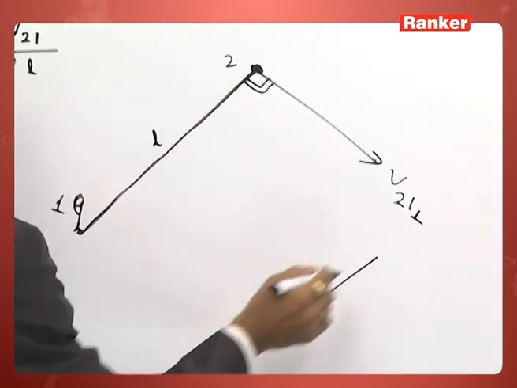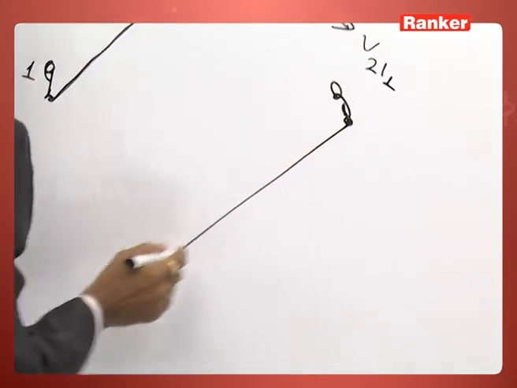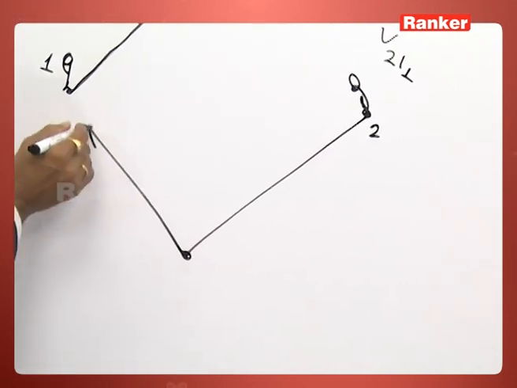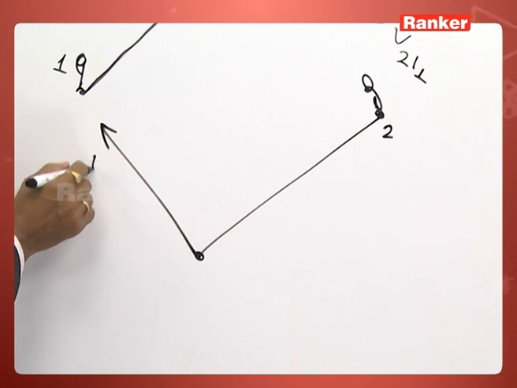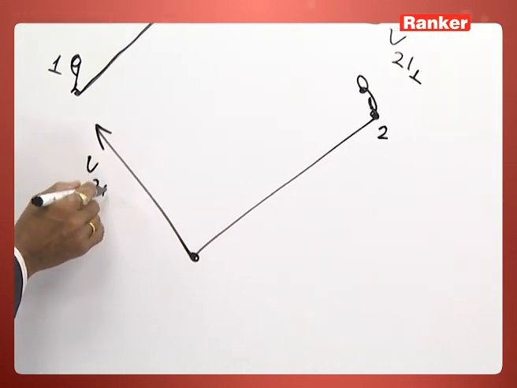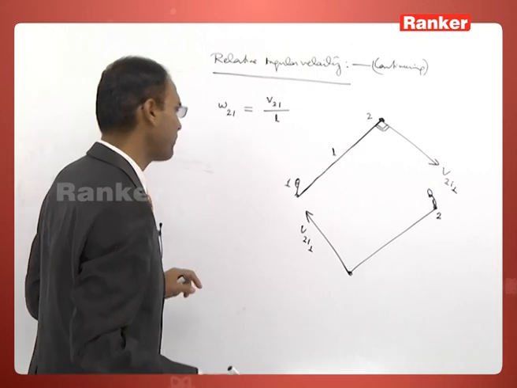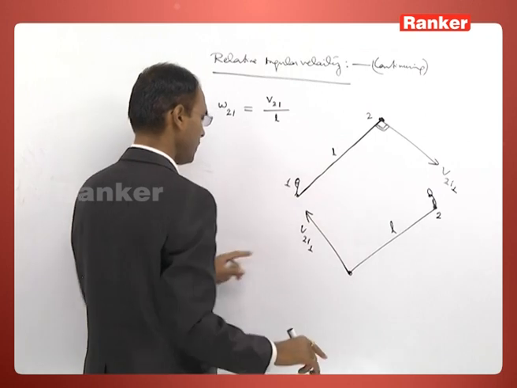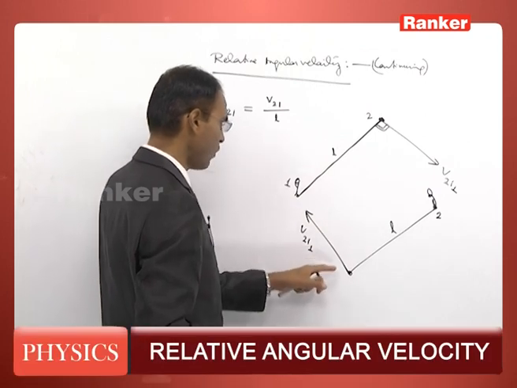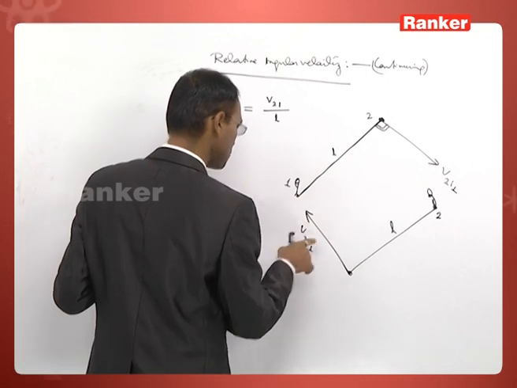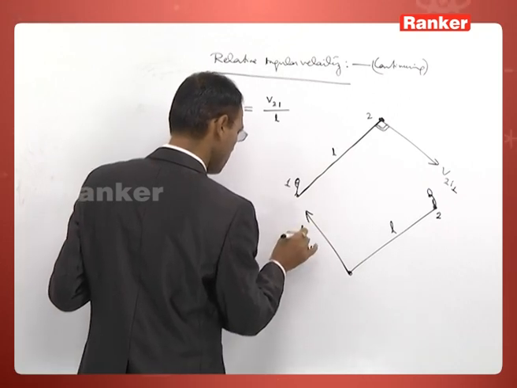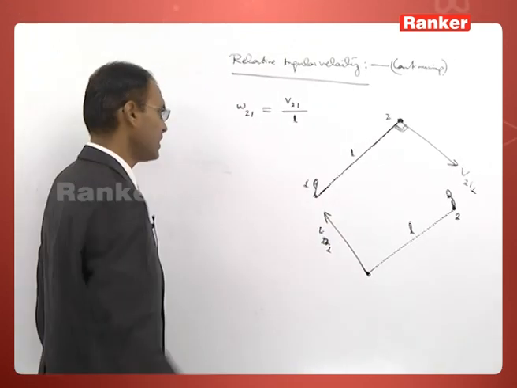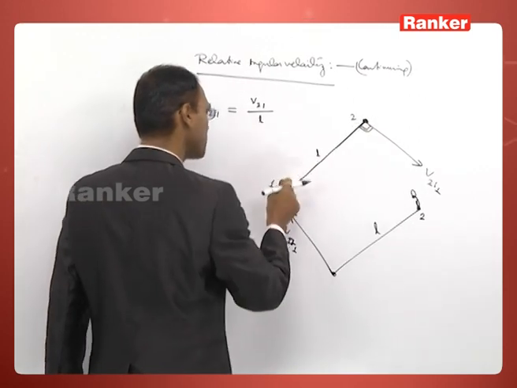When you stand on this particle 2, the particle 1 seems to move in the opposite direction, perpendicular to the line joining them. This is the perpendicular component of the velocity of 1 with respect to 2, and this is the perpendicular component of velocity of 2 with respect to 1.